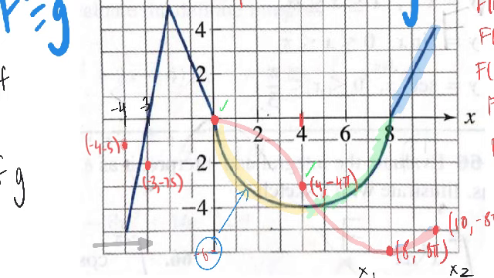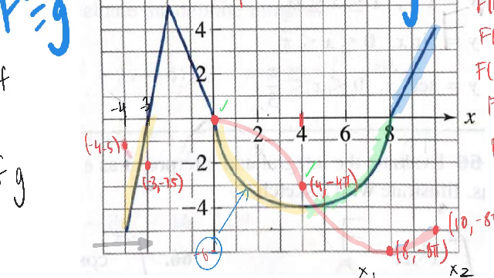And I need to be decreasing, which means f needs to be decreasing because f prime is negative, right? So that makes sense here. F prime is here, it's negative. F has to be decreasing. It's going to be decreasing in a concave up way because the slope is getting less and less negative.